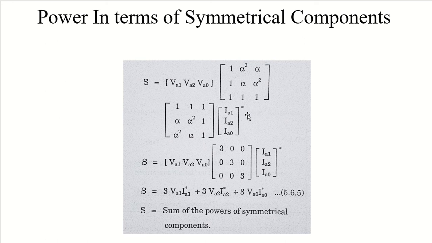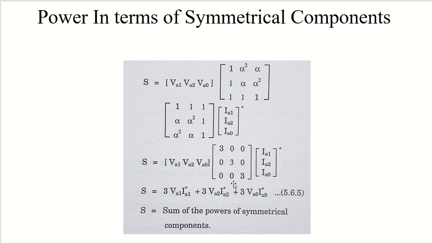Now the interesting thing is, whenever you multiply both of these vectors, this vector and this vector, you will get the diagonal values 3, and except for this diagonal, all the rest of the values will become 0, right?